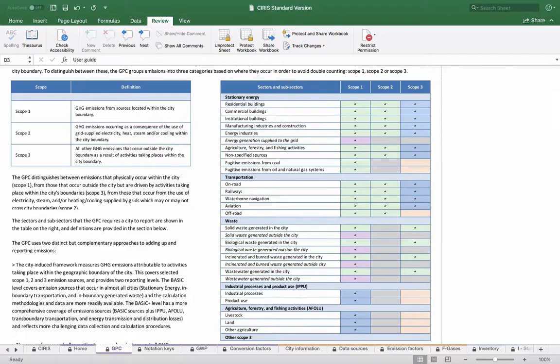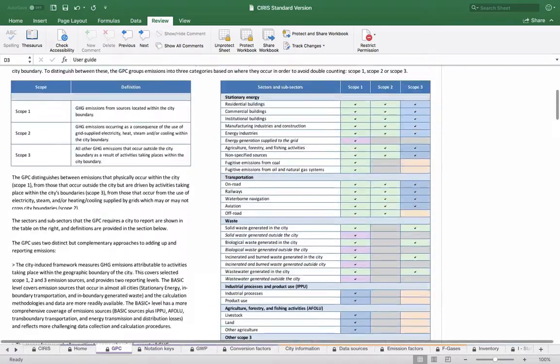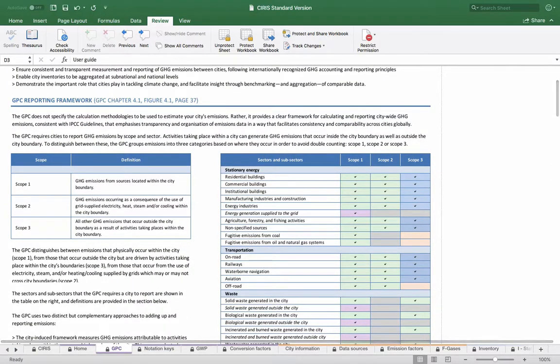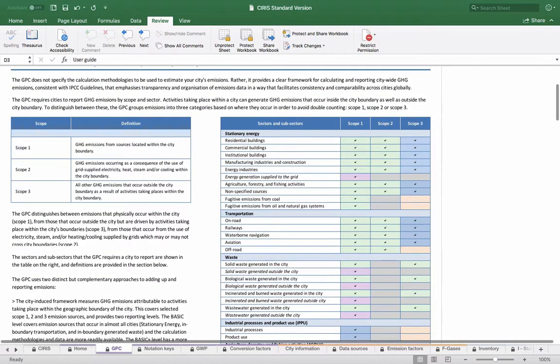This colour coding is used throughout CIRIS, so you can be sure whether an activity is a Basic or Basic Plus requirement. The light purple cells are required for a territorial total, but not for Basic/Basic Plus reporting. The light orange cells are sources included in Other Scope 3.